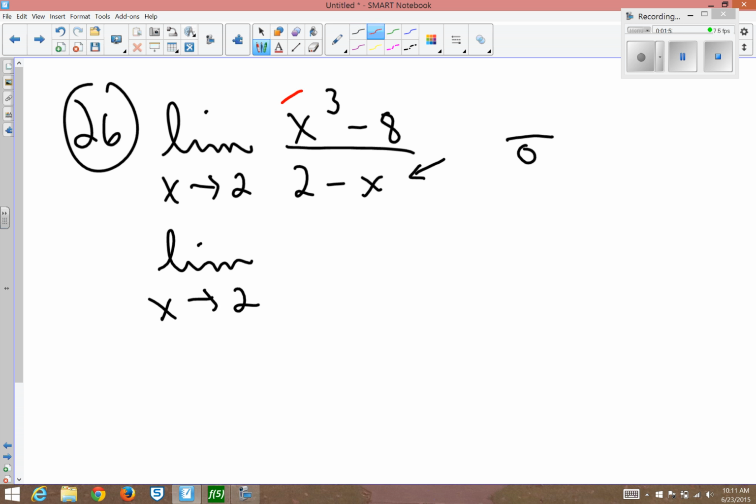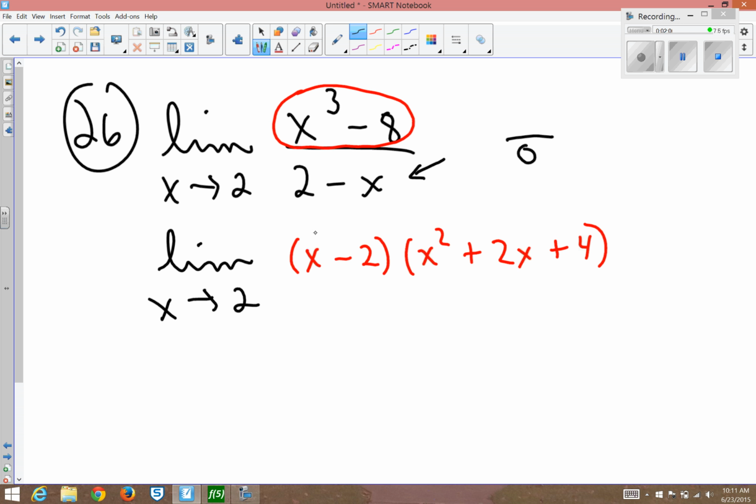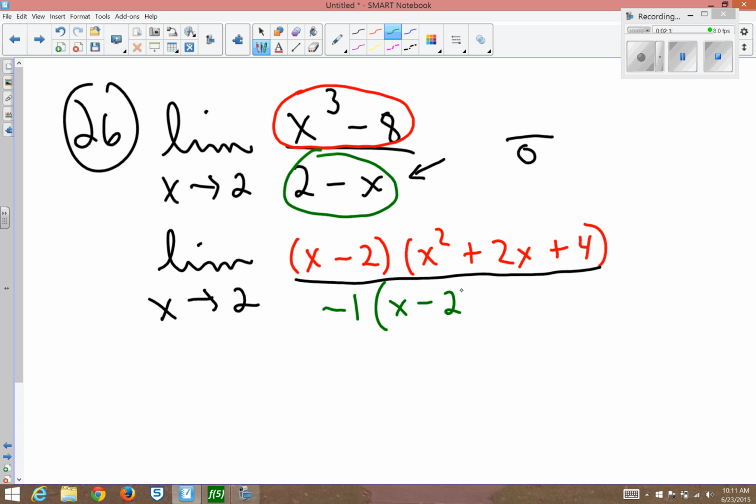x cubed minus 8 can be factored. It's the same as x minus 2 times x squared plus 2x plus 4. And 2 minus x is the same as negative 1 times x minus 2.